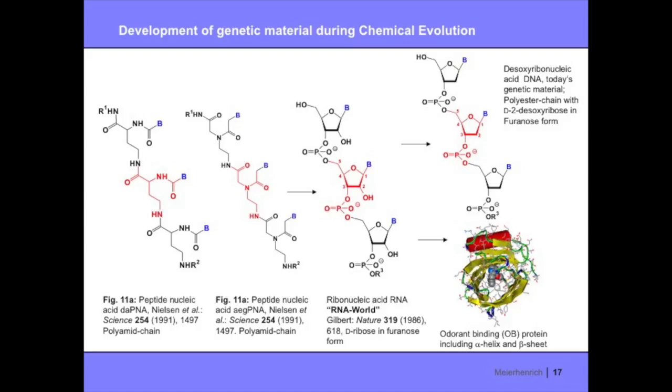And if you form a duplex, Watson-Crick base pairing rules are obeyed. So A, T, C and G bind with the complementary nucleotide bases in DNA. This makes people assume that PNA might have been a good candidate that preceded RNA and DNA.